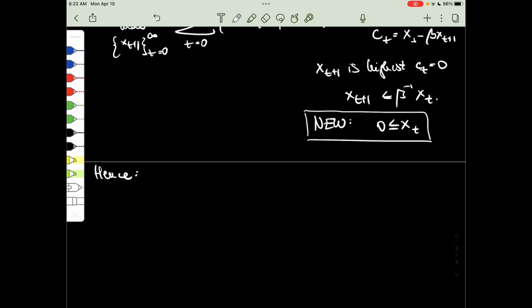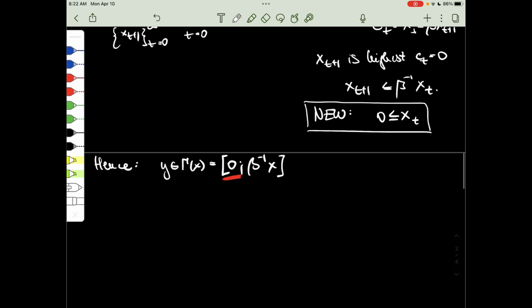So we have a new correspondence, not policy, sorry, feasibility set. Next period's capital stock cannot be negative. So this is the point. This is how we modified the setting. And x0, the initial capital stock, is given.